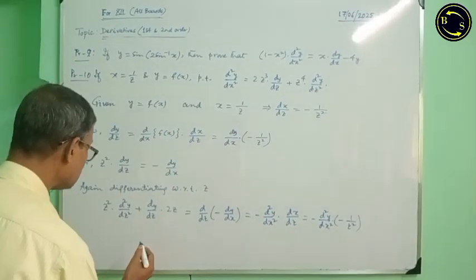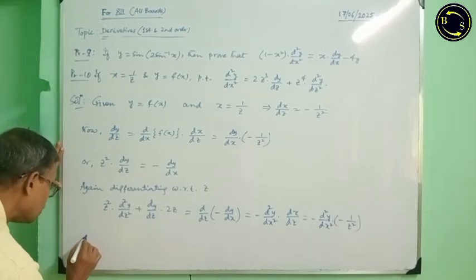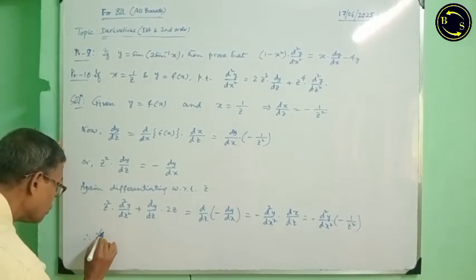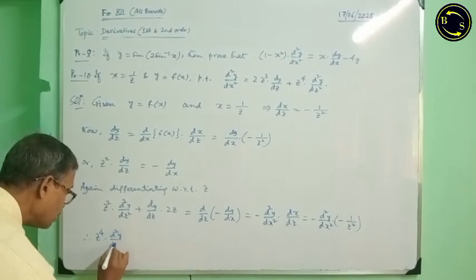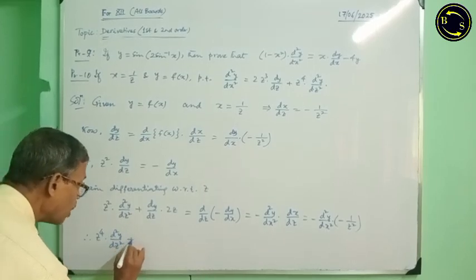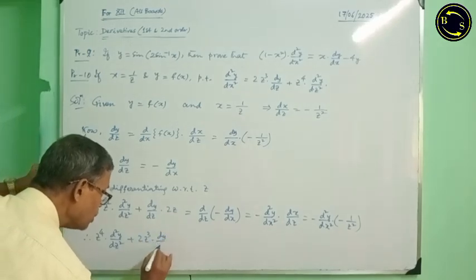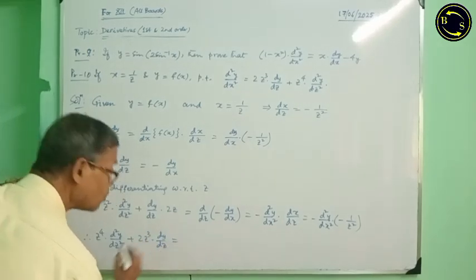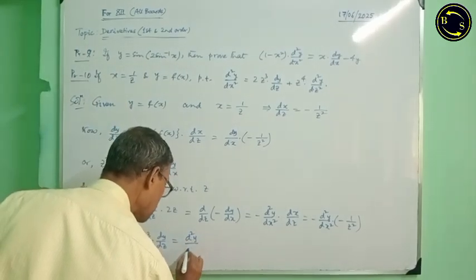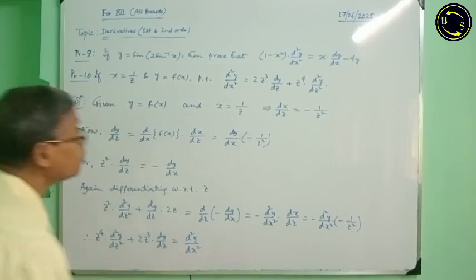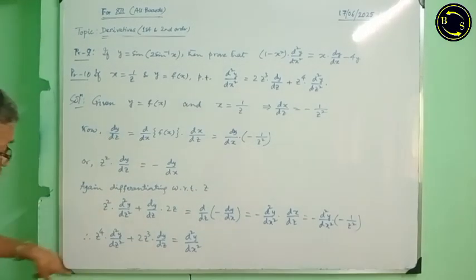Now I multiply both sides by z², then we get z⁴ d²y/dz² plus 2z³ dy/dz is equal to d²y/dx². d²y/dx² equal to this.